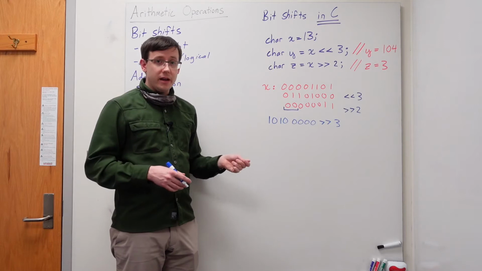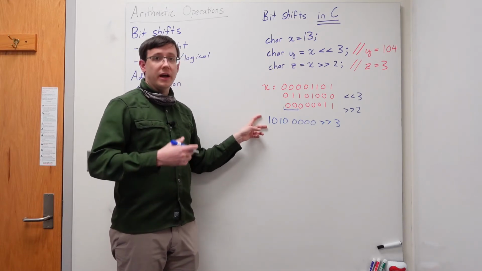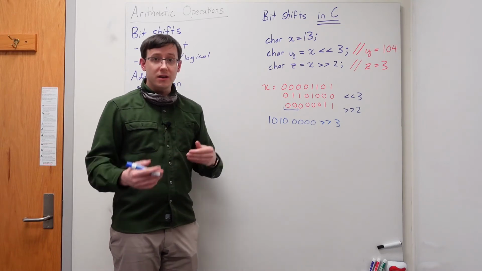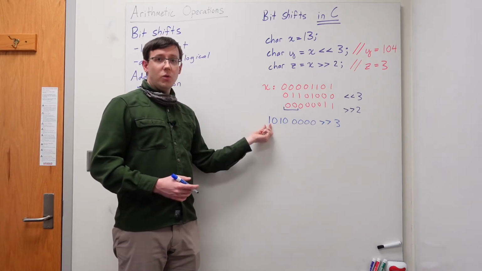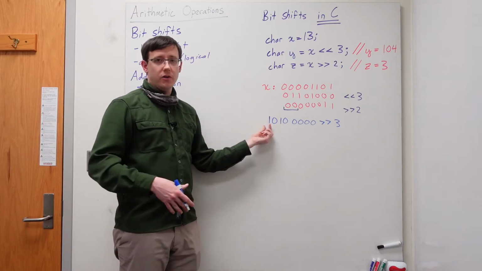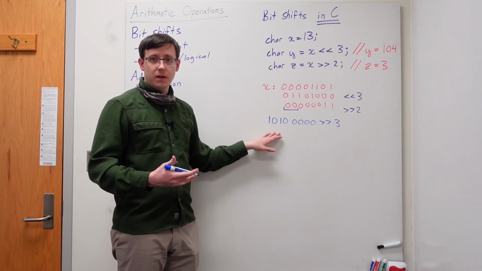But if this were the value of a variable that has type unsigned char, then that would be an 8-bit unsigned int, in which case the leading one would mean positive 128 instead of negative 128, and so this would be the value plus 160.